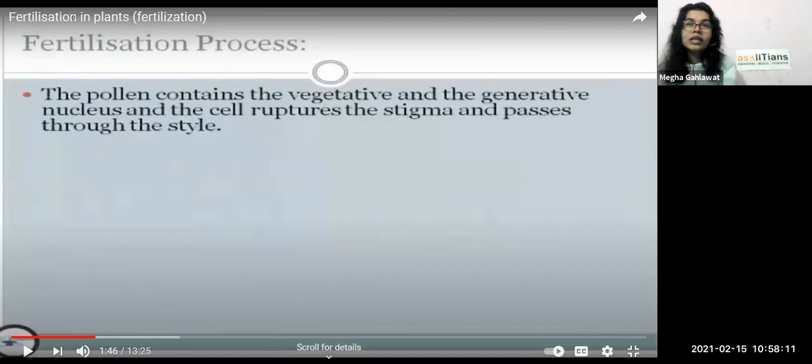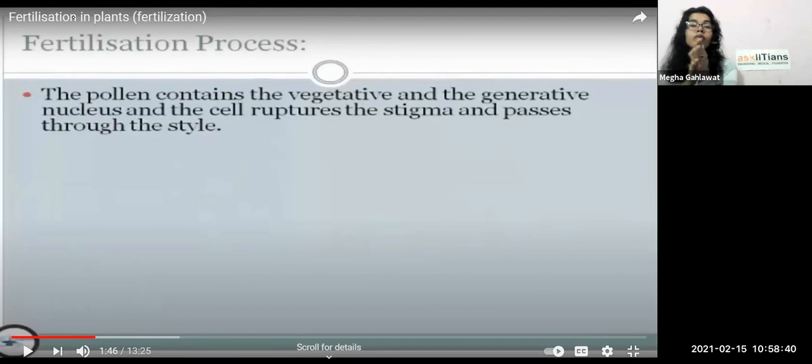What you can do basically is collect the pollen grains of a flower which is easily available in all the schools, which is the China rose or the hibiscus plant. The yellow colored pollen grains are the ones which you can dust into a sucrose solution or a sugar solution, and after leaving it for 10 minutes, 15 minutes, let's say 1 hour, 1 hour being the maximum limit, you can take out those pollen grains and observe them under the microscope. What you'll see is that there's a growth of the pollen tube.